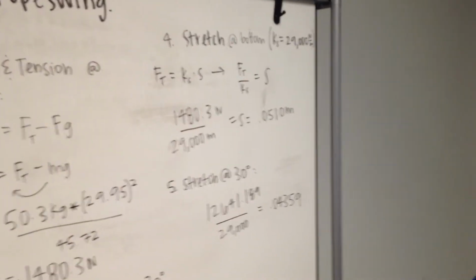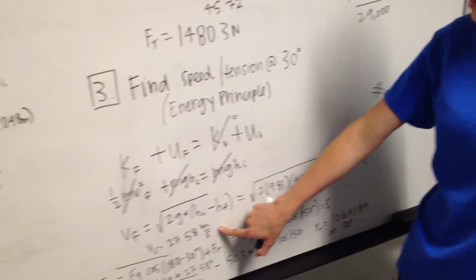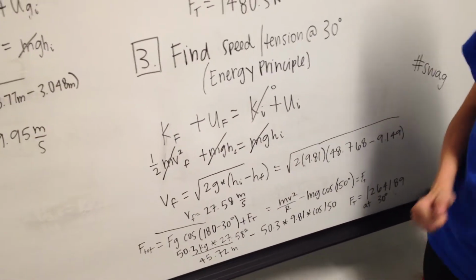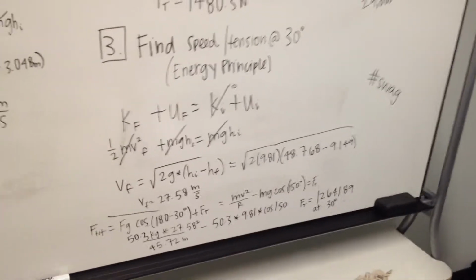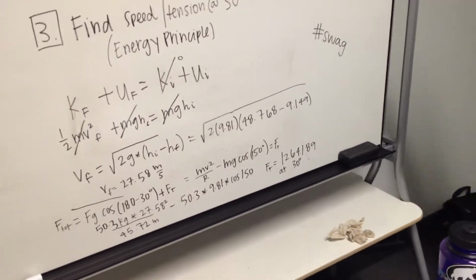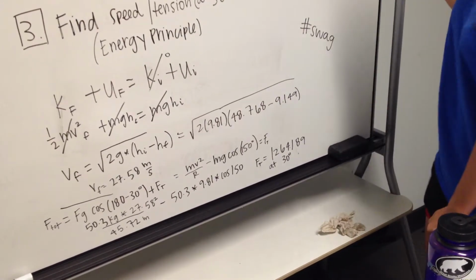So just plugging and chugging, we get our final velocity at this point, 30 degrees, to be 27.58 meters per second. And then the tension at this 30 degrees to be 1,264.189 newtons, again, assuming my weight.